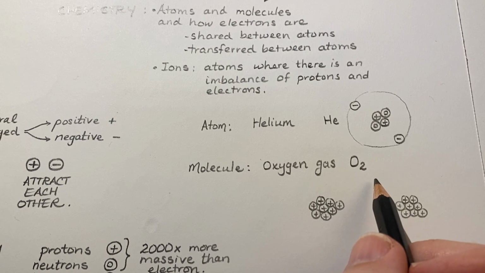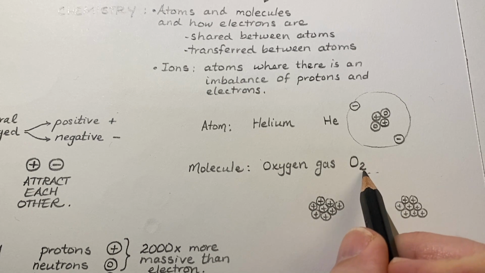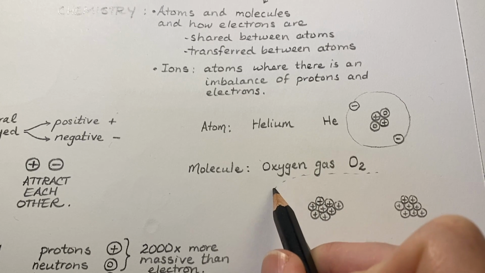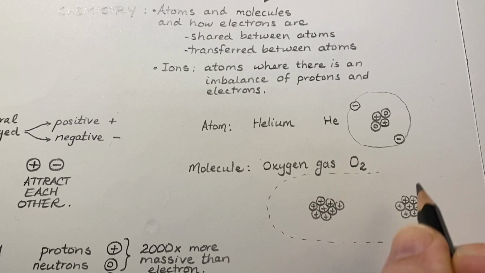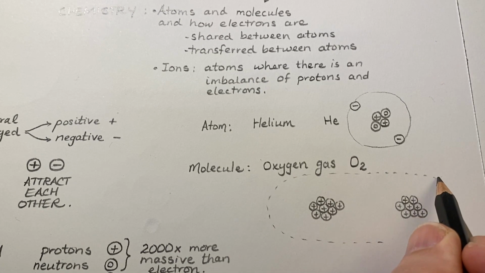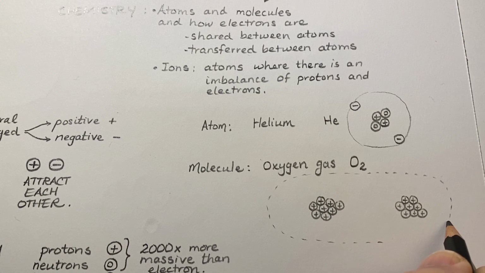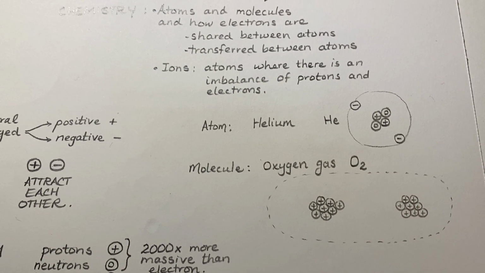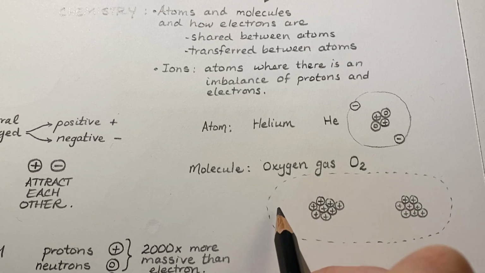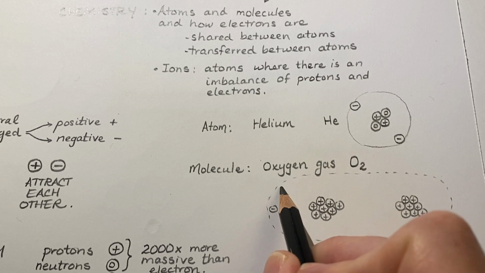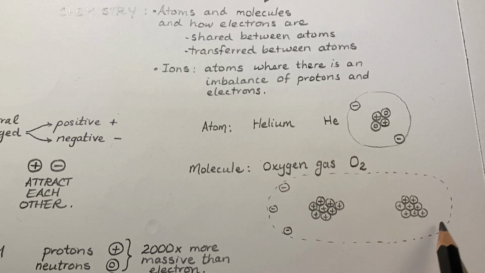And then what they do is, I'm going to draw, they share electrons to make each atom more stable. So each one of these atoms still has each of those 8 electrons that are around the outside.